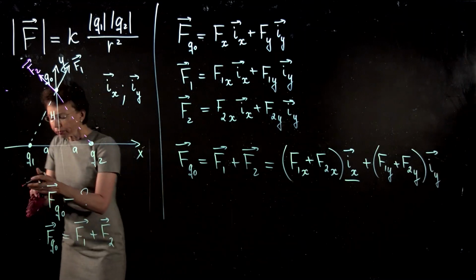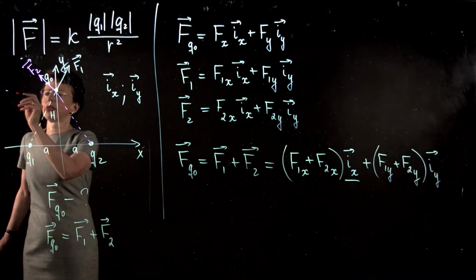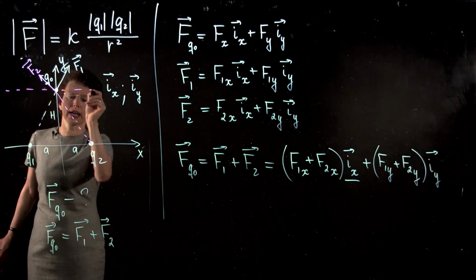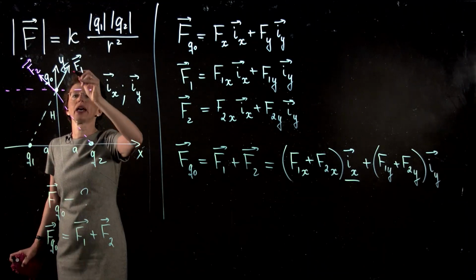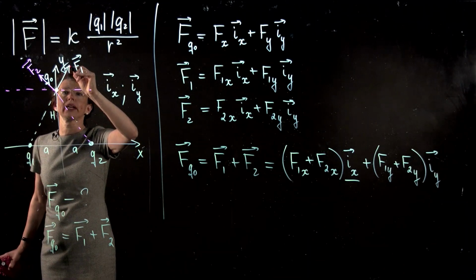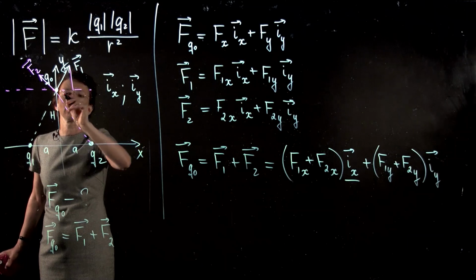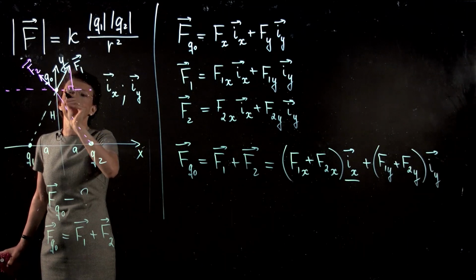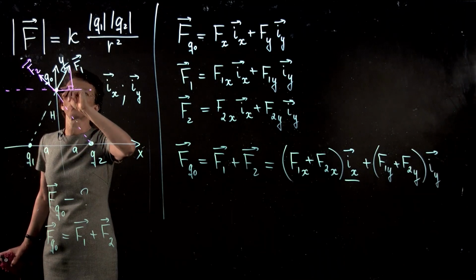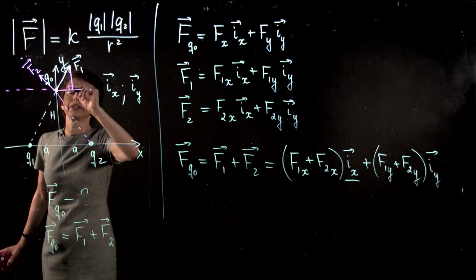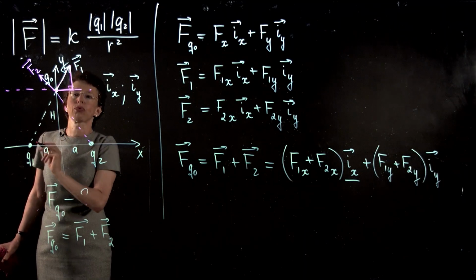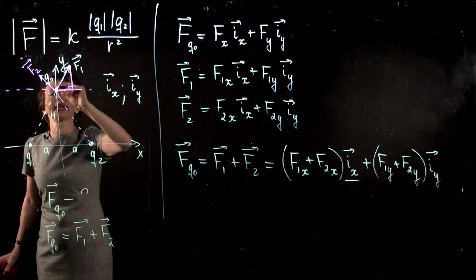Let's start. So I will draw the line which is parallel to x, and I project F1. I need right triangle. So I draw this line perpendicular to x. This is my right triangle, and this is x component of F1. I need to introduce angle. I will introduce this angle.